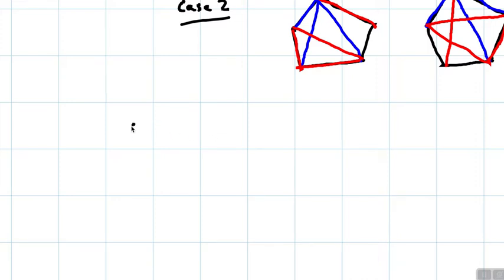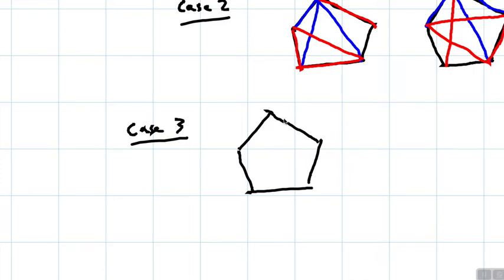The last case to look at, case 3, is looking at a regular pentagon, again, such that 2 of the sides and diagonals coming from the topmost vertex are the same color. So go like this. Great. And then from here, we see that this has to be red.